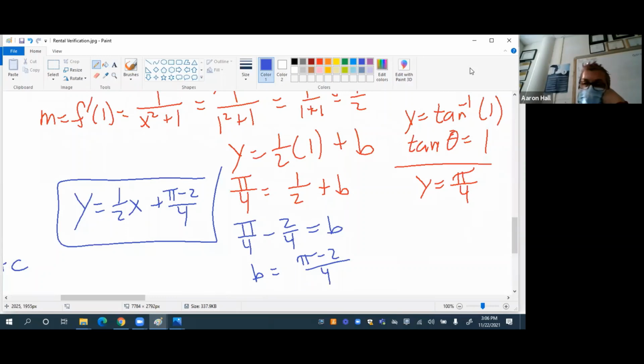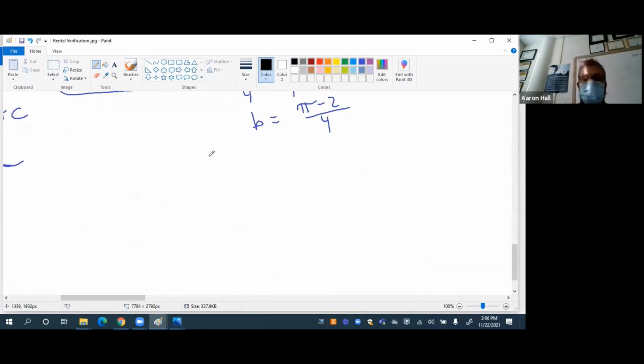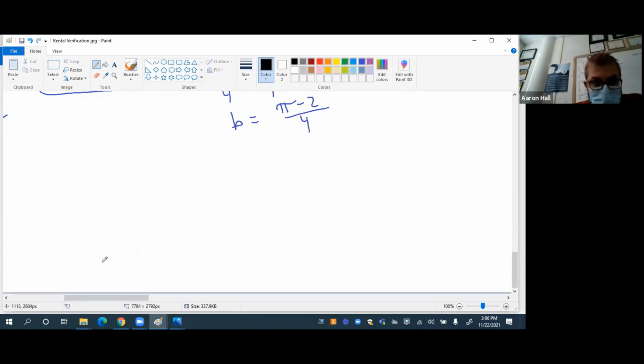Did you finish copying? Okay. Scrolling down then. Here's the general rule for inverses.